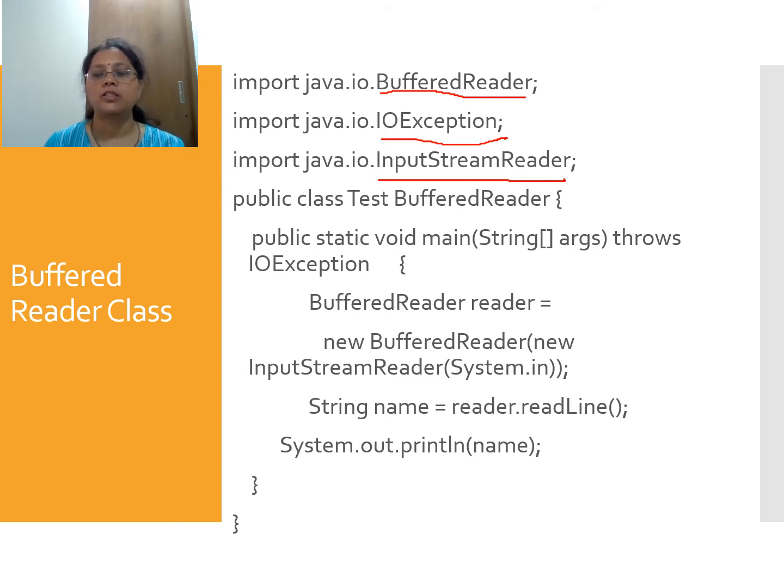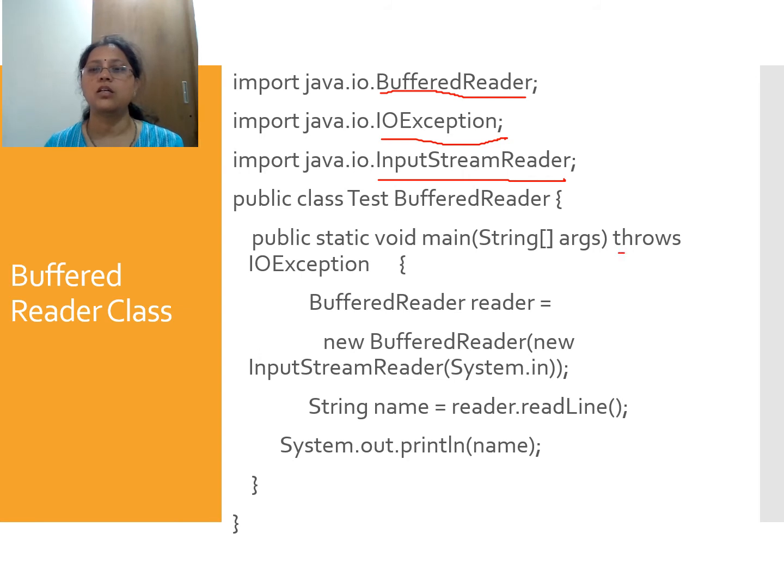So here the program of taking input from user using the BufferedReader class is written. In this case, the main method throws IOException because the input is taken from the user and all the methods generate IOException.